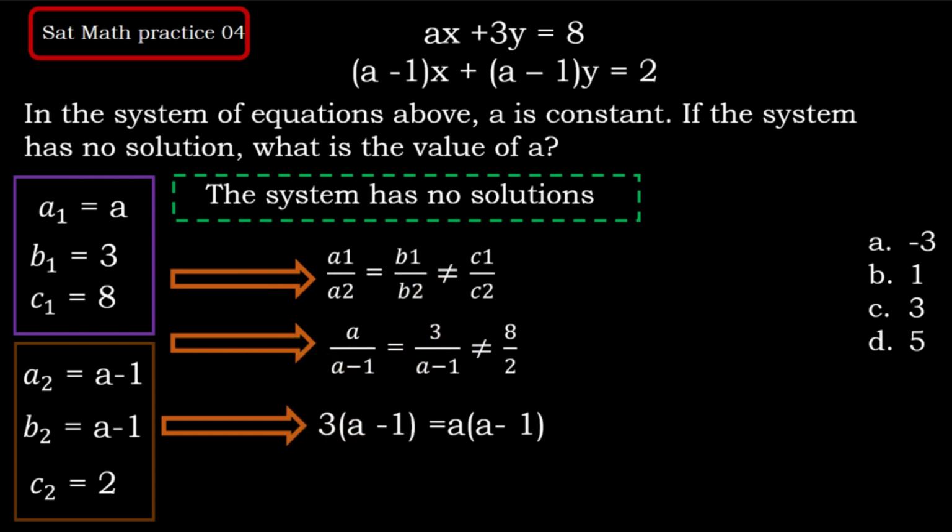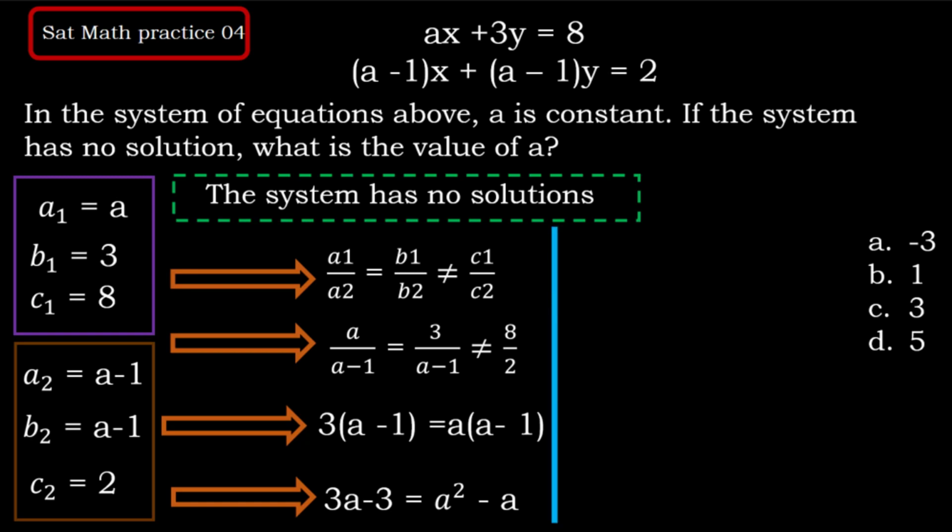Now we simplify, just using the distribution property. 3 times a equals 3a, 3 times negative 1 is negative 3, and a times a equals a squared, minus a times 1, which is a. Now we move 3a to the other side to be negative 3a and move negative 3 to the other side to be plus 3, and set the equation equal to 0.